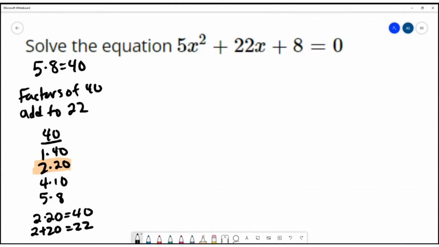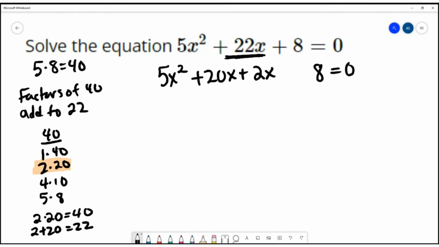Once I figure out that pair of factors, I want to rewrite my trinomial with 4 terms. I'm going to leave the first term alone, I'm going to leave the last term alone, and I'm going to split the middle term. We're going to do plus 20x plus 2x, plus 8.